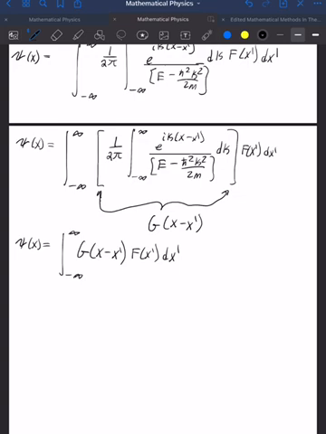I delve a lot more into what Green's functions are, where they come from, how they fit into all of this. I'm not going to go into a lot of detail about Green's functions in this specific video, but this is essentially what we have for psi of x.